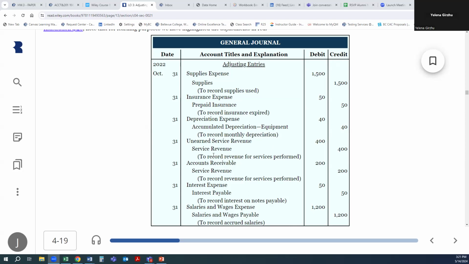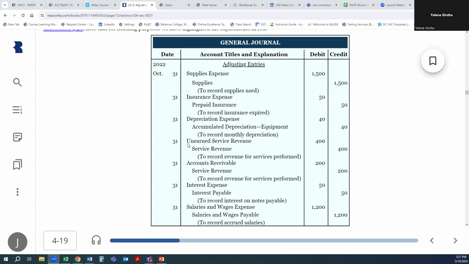Fourth journal entry. Unearned service revenue, that's a liability, and that went up, and that means our income statement went down. No. Revenue was credited $400. So when we credit revenue, we increase revenue. So if revenue goes up, what happens to net income? It goes up.